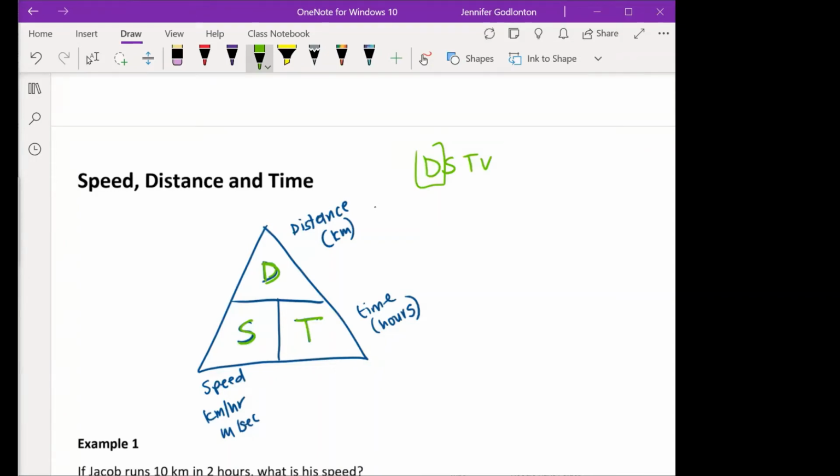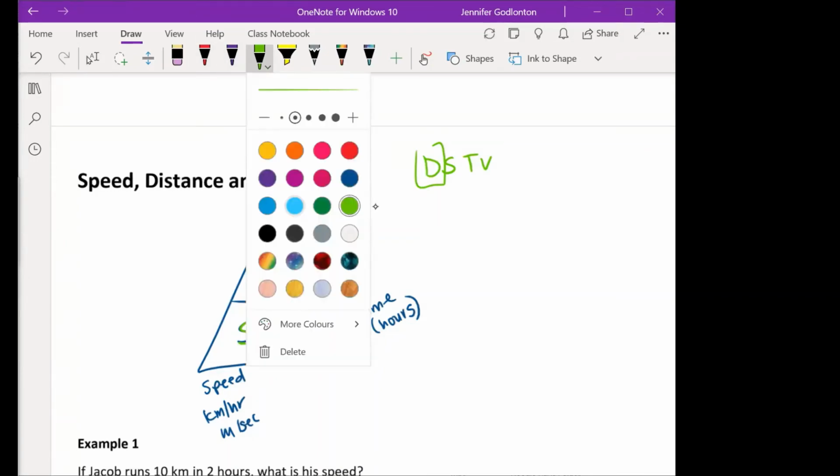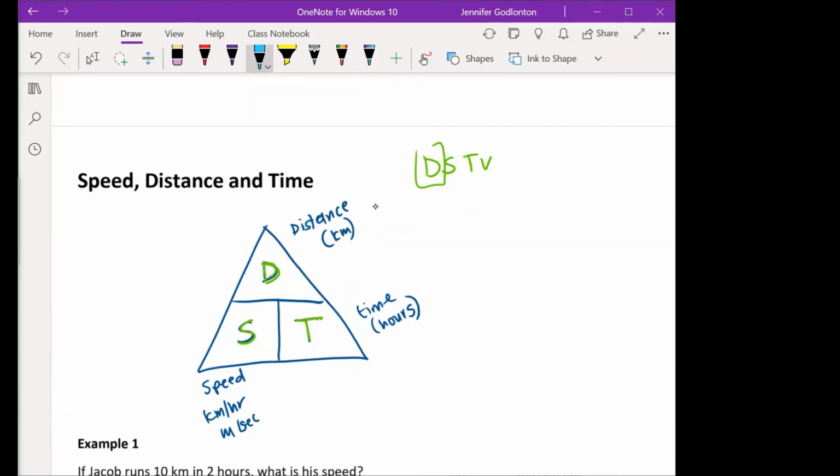When we're working sideways inside this triangle, we multiply, and when we're working up and down, we think about this line as divide. If you put your thumb over the D, you're left with the S and the T, so distance is equal to speed times time.